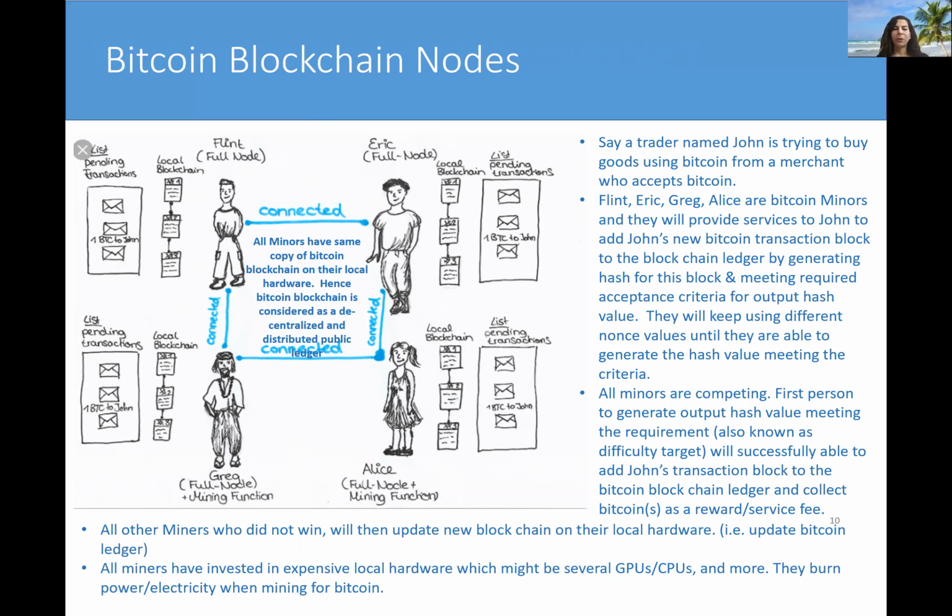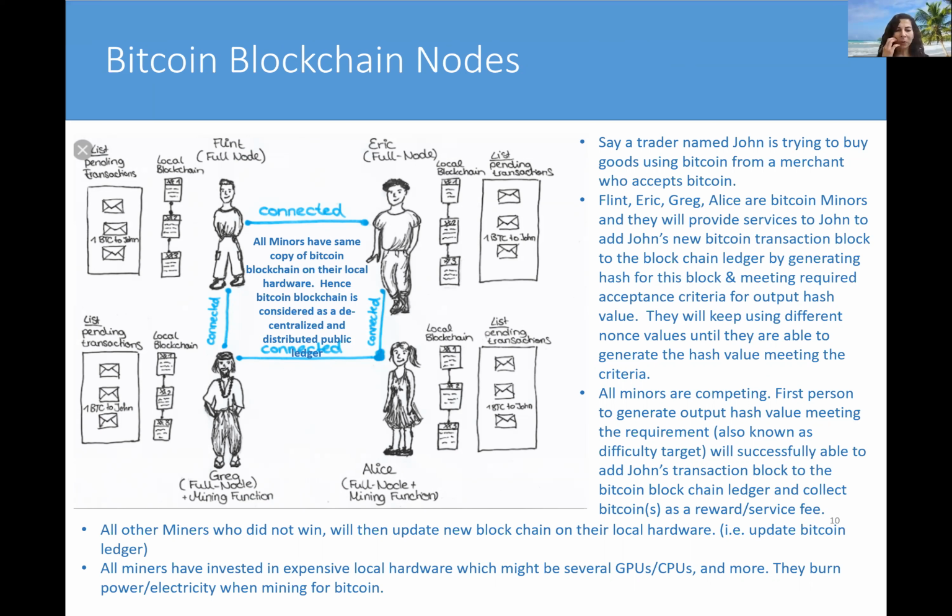Now, these four people in the network in this example are going to generate these values on and on until one of them is able to generate a hash value meeting the criteria. Then the first person to generate the hash value will successfully add John's transaction to the blockchain ledger and collect a service reward fee.